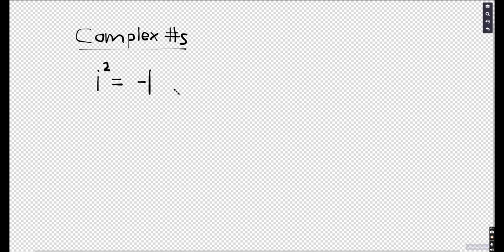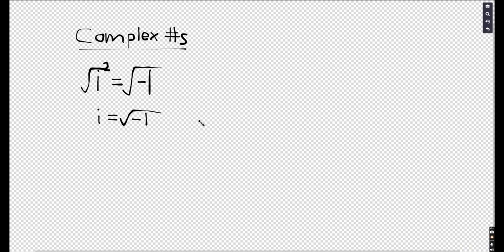Let's figure out what i normally is equal to. To undo the square, we have to find the square root. So i is equal to the square root of -1.